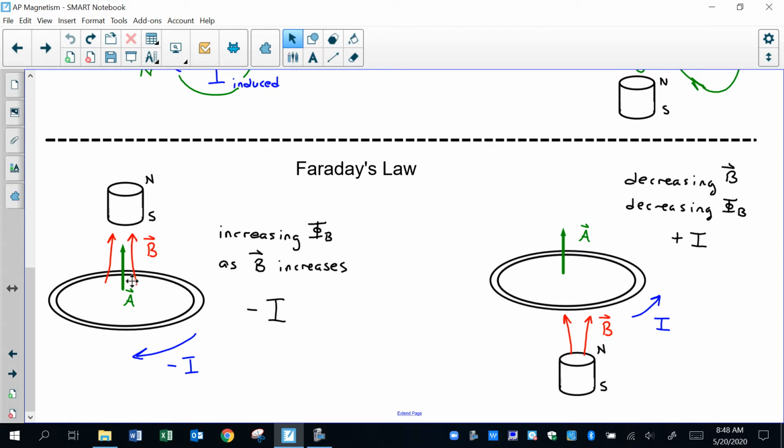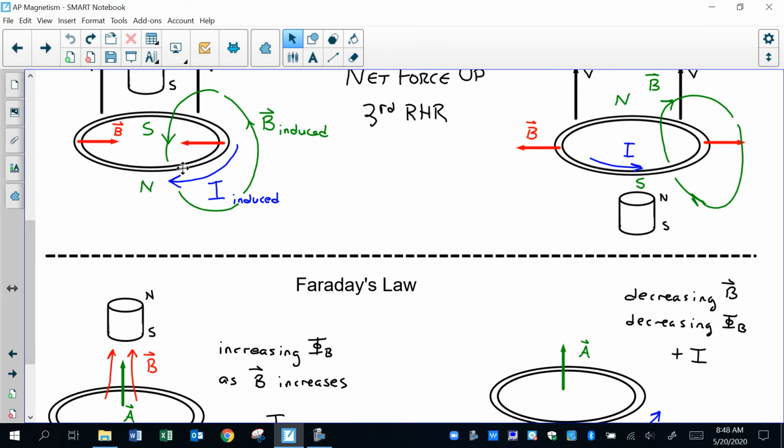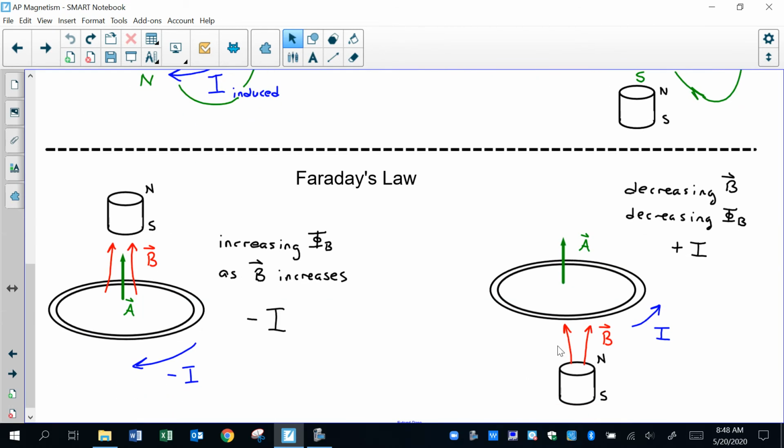So I get a positive flux change, which means a negative current, which is how I ended up with my blue current arrow doing what it's doing right here. Once it's passed, our flux is decreasing as this thing falls away. That means a negative rate of change in flux with a negative sign out front in our equation, giving positive current, which is why the current swings around.